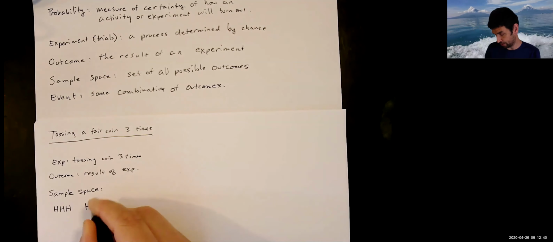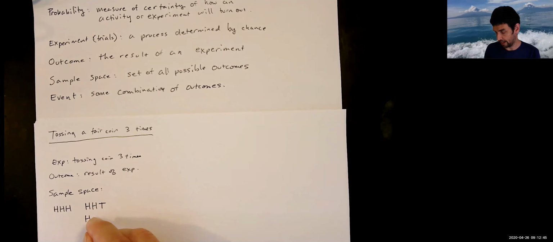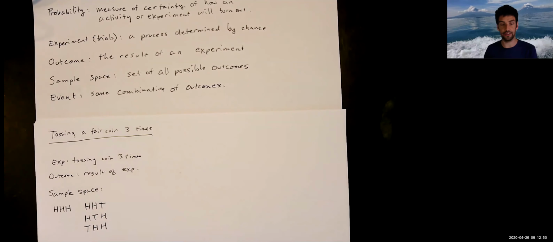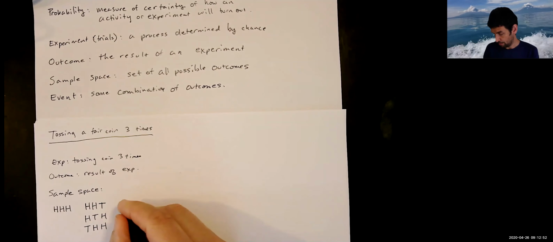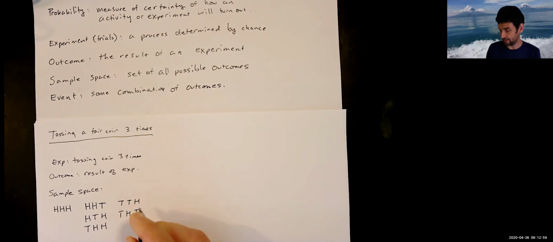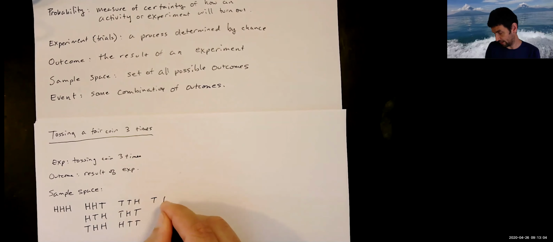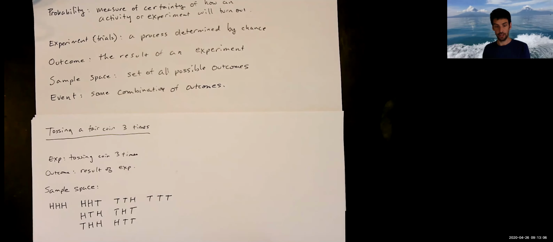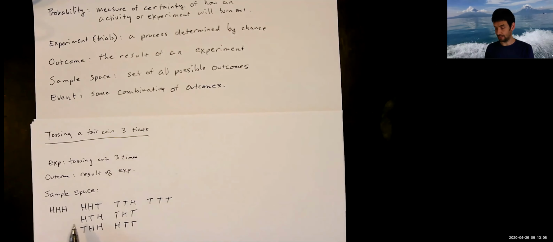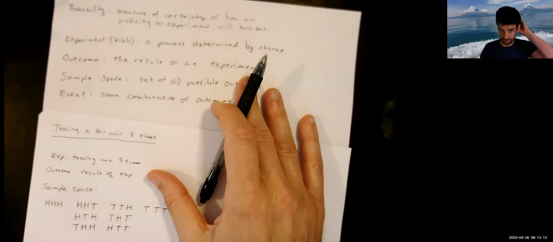Another possible outcome is I get heads twice and then tails: HHT. Or maybe I get heads, then tails, then heads: HTH. Or maybe I get tails first and then heads twice: THH. Maybe I get tails twice first: TTH. Maybe I get tails, heads, tails: THT. Maybe I get heads, tails, tails: HTT. Or maybe I get tails, tails, tails: TTT, right? This is our sample space. These are all the possible outcomes, right, from this experiment.